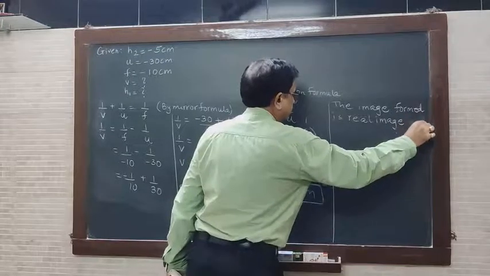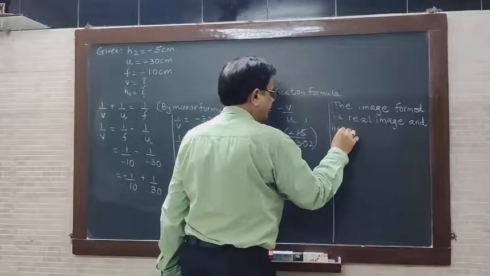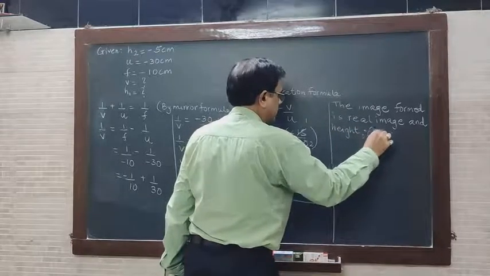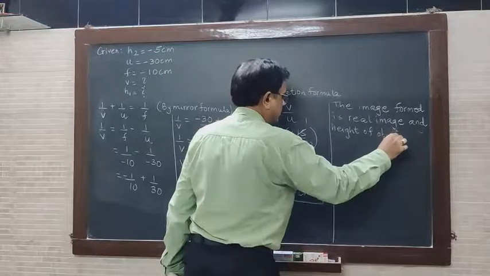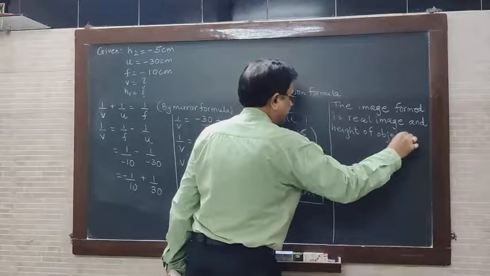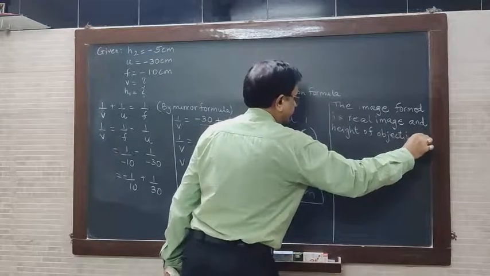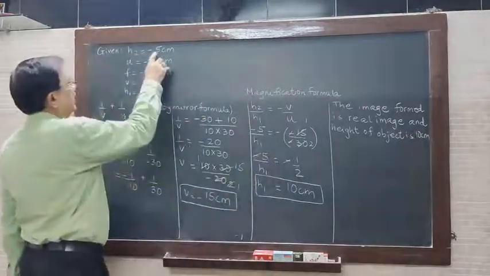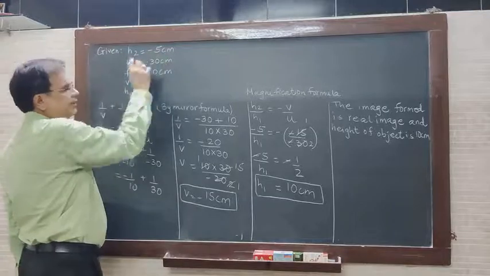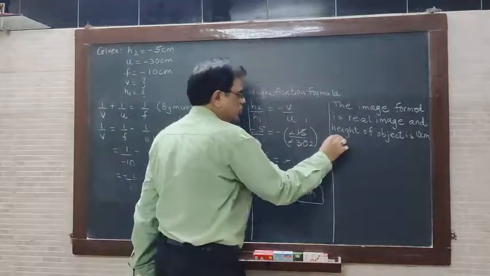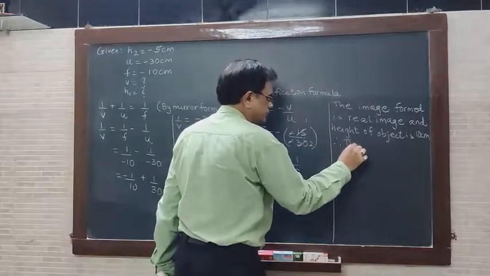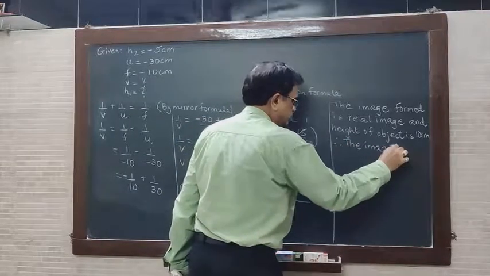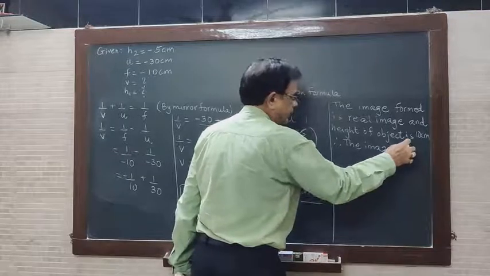And the height of object is 10 centimeters, right? So height of object is 10 centimeters and height of image is 5 centimeters. Therefore, the object is greater.